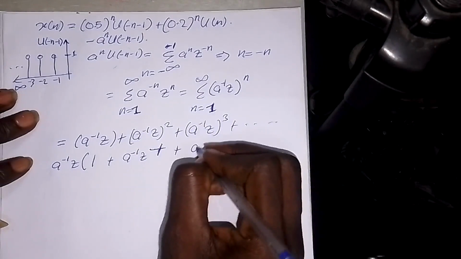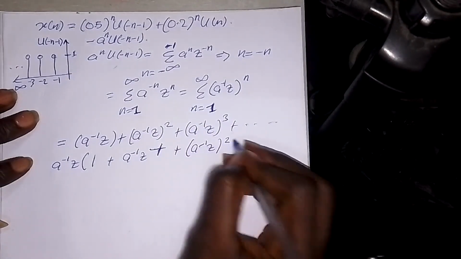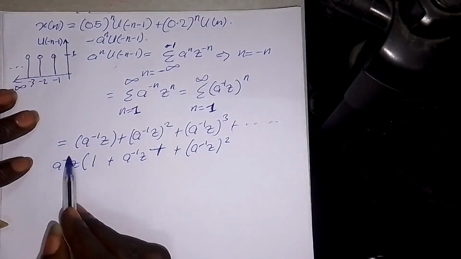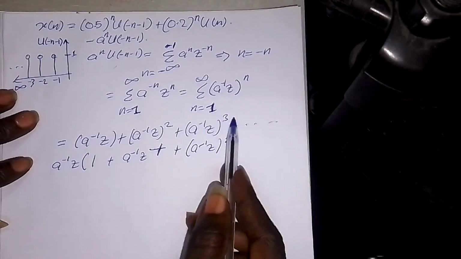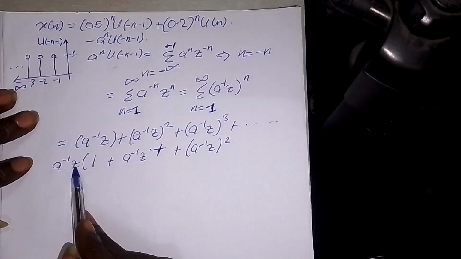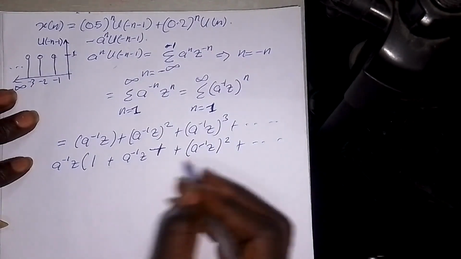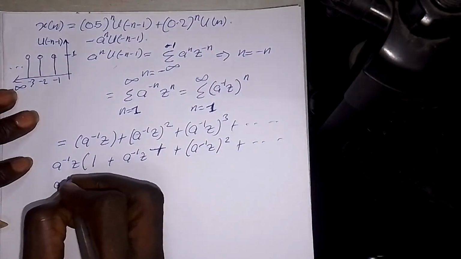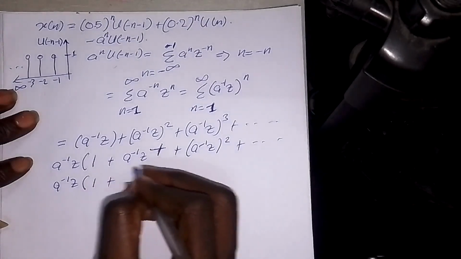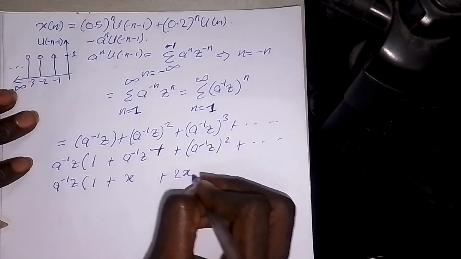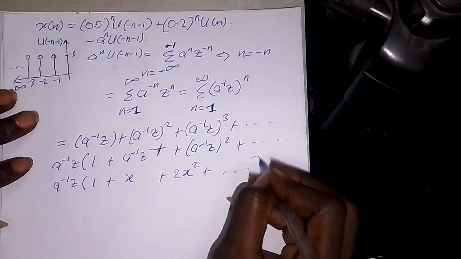Then here I'll have a exponent minus 1 z squared, and then a exponent minus 3, z exponent 3, and it will continue to infinity. So now here, I'm going to have a exponent minus 1 z times 1 plus x plus x squared, plus up to infinity.